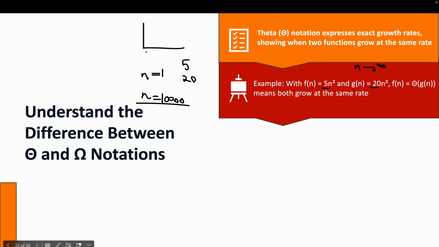Just look at their diagram. For g, it will be like this, and f will be like this.